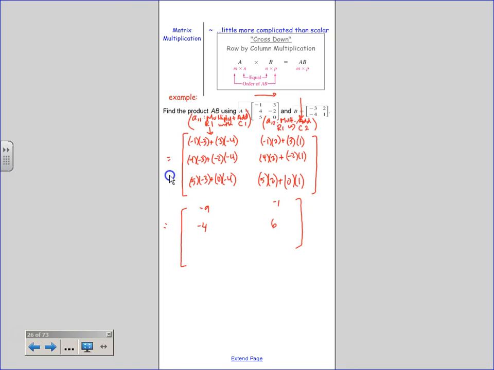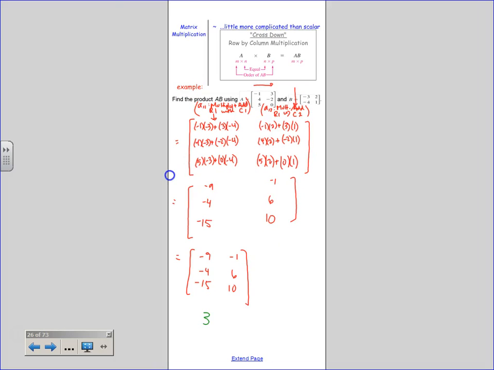And then we would go to our final to get our third row, first entry, third row, first column, negative 15 plus 0. Third row, second entry, third row, second column, 10 plus 0. So our final answer is negative 9, negative 4, negative 15, negative 1, 6, and 10, which is a 3 by 2.